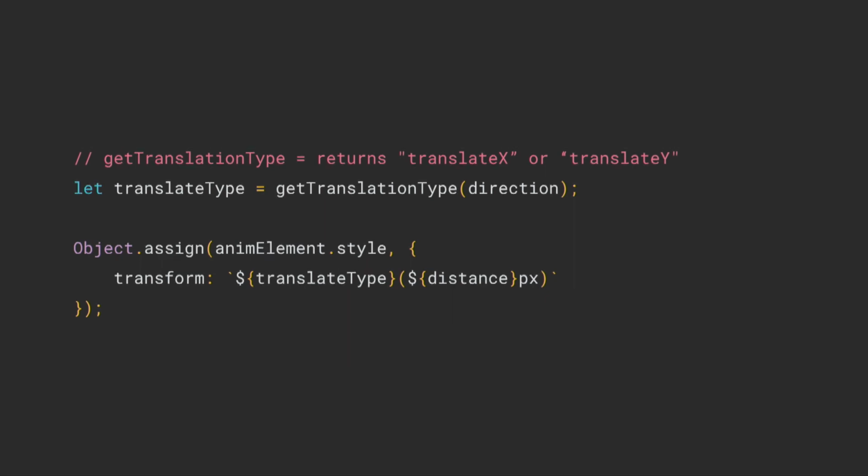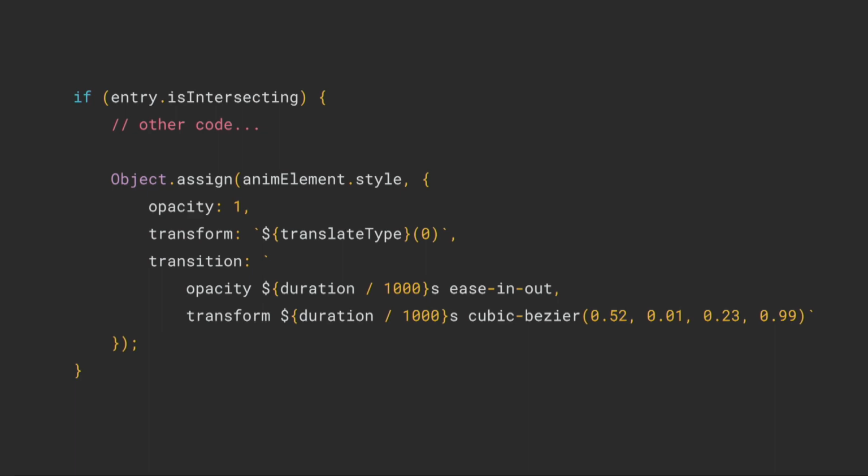So we're loading the JavaScript, we're hiding the element by default with our CSS, and with our JavaScript, we're setting the position that we want it to start from. Then, when it's intersecting, we'll set our opacity to 1 to show it. We'll set the translate value to 0, so it moves back to where it should be in the DOM. And then we, again, use some CSS transitions to make it show.